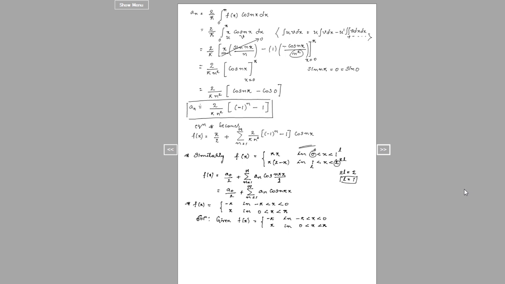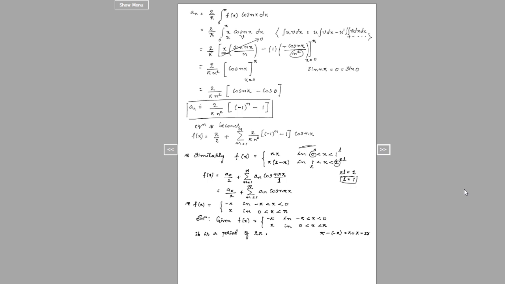If you apply the property as I have explained, pi minus of minus pi, which is pi plus pi, equal to 2 pi. It is a period of 2 pi.